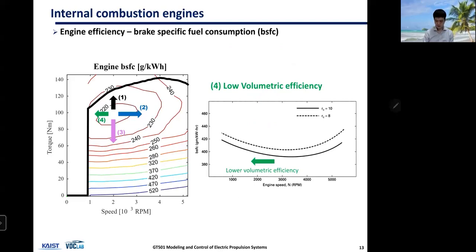So if you're rotating at low speed, your power output will be lower, because your fuel consumption and the speed is lower, and that leads to lower volumetric efficiency.